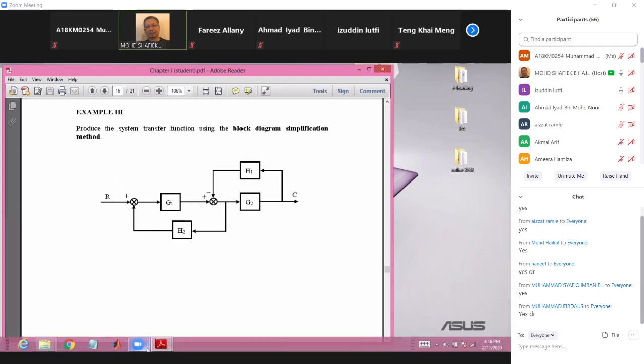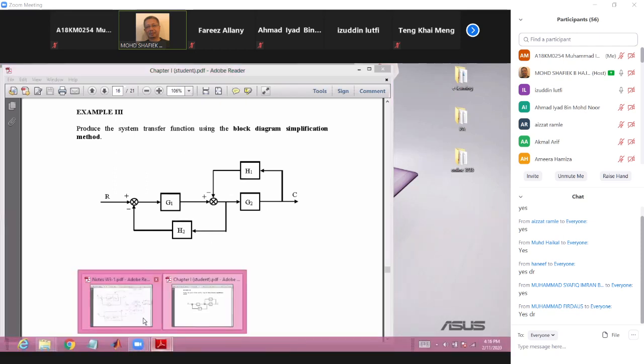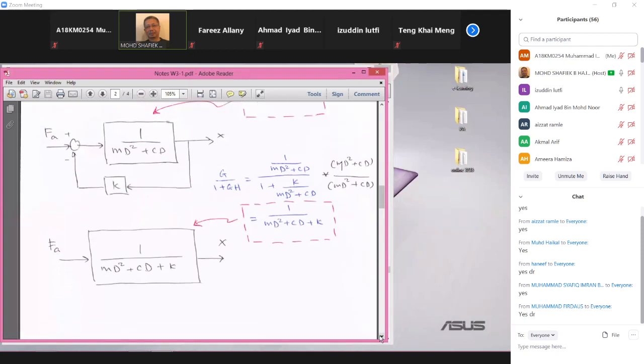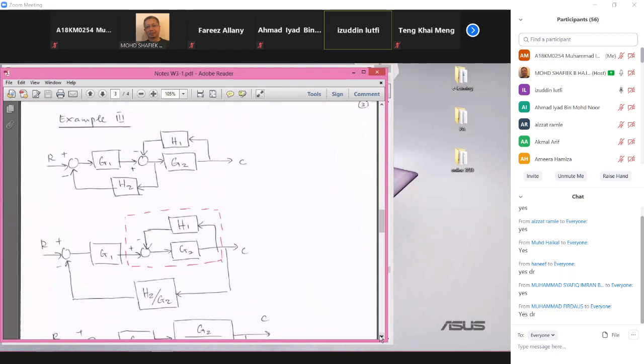Okay, so let's go to my notes again. All right, so this is the original block diagram. I'm going to move this takeoff point from behind G2 to in front of G2. And then that signal must be divided by G2, because originally there's no multiplication by G2, but when we take in front of G2, that signal has been multiplied by G2, therefore you need to divide it by G2.